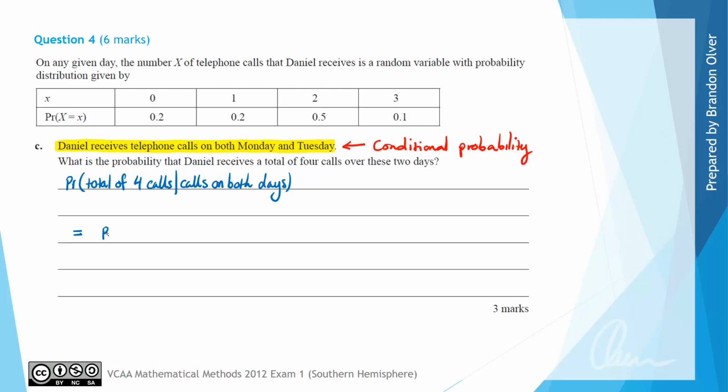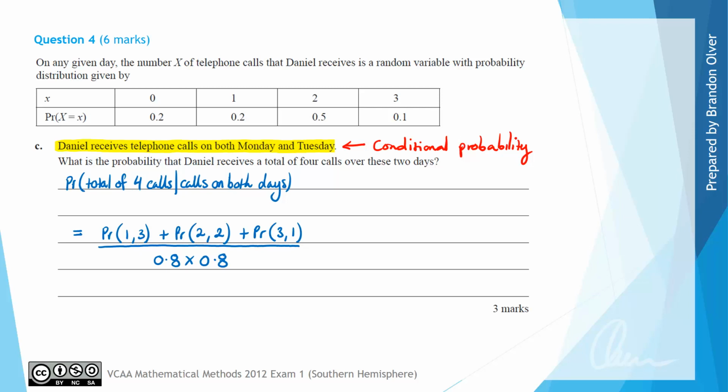We could split that into the events that he gets 1 call on Monday and 3 calls on Tuesday, plus the probability that he gets 2 calls on each day, plus the probability that he gets 3 calls on Monday and 1 on Tuesday. And now we have to divide by the condition, that he receives calls on both days. The probability that he receives at least 1 call on any given day is 0.8, so we do 0.8 times 0.8.